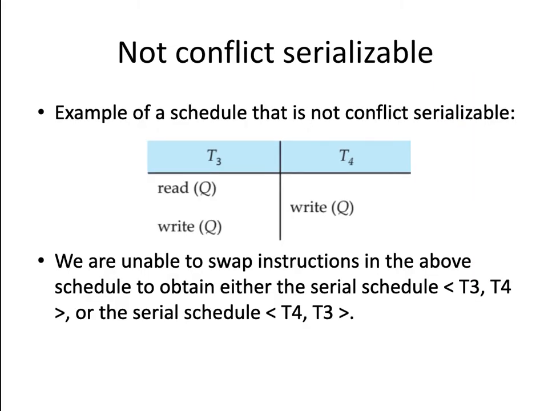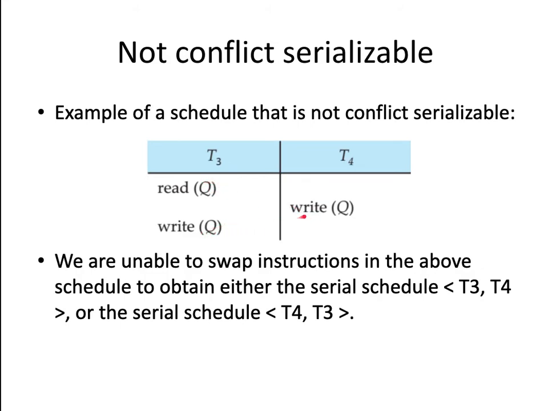Now, is it always possible to convert a schedule to a serial schedule by swapping? No, it is not always possible, as shown over here. We have two transactions, T3 and T4, each having operations, and all the operations from the two different transactions operate only on the same item, named Q. Since read from T3 and write from T4 are conflicting, we cannot change the order.